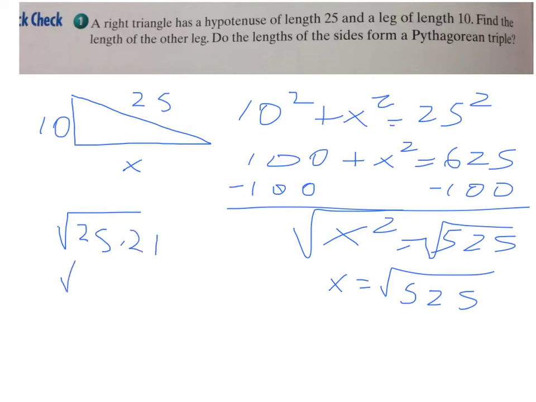So you've got the square root of 25 times the square root of 21. 5 times the square root of 21 is going to be the length of the other leg, the third side of the triangle. It also asks us, does this form a Pythagorean triple? Well, it does not, because 5 times the square root of 21 is not a whole number, and all three sides of the triangle need to be whole numbers for it to be a Pythagorean triple.